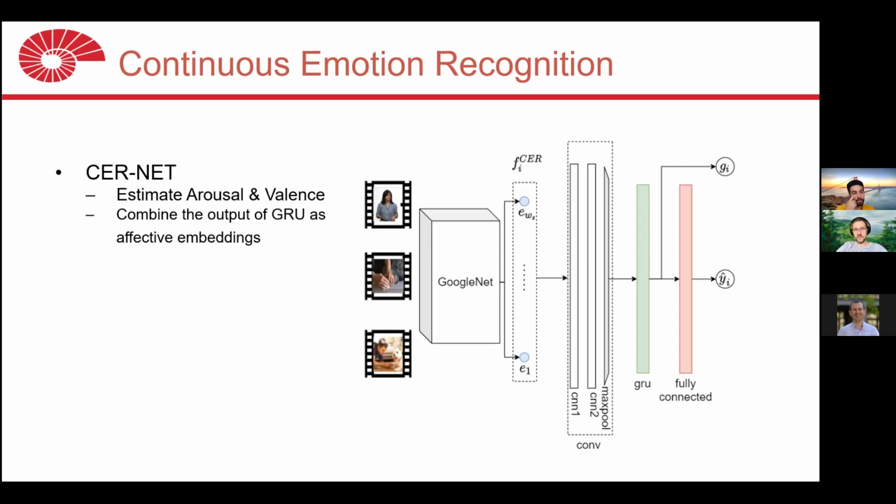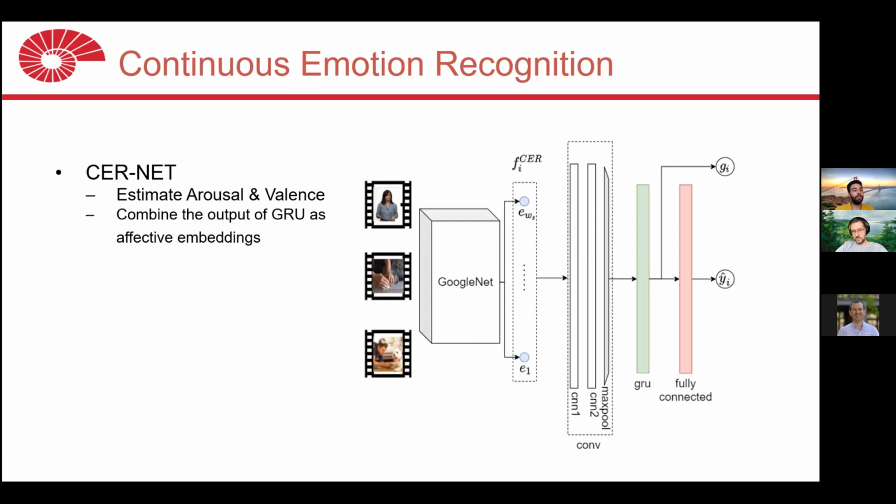And there's a hint there. We do not only estimate the arousal and valence, which is the output of the fully connected layer, but also extract the output of the GRU layers. In that sense, we model the affective information in twofold: one is the estimated arousal and valence, and the other is the output of the GRU, so to say, GRU embeddings.